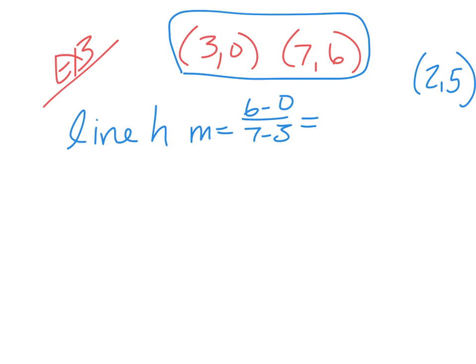What's 6 minus 0? 7 minus 3? It's 4, right? So, and reduce 6 over 4, you get 3 over 2.